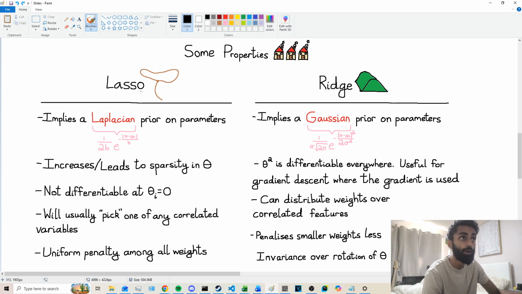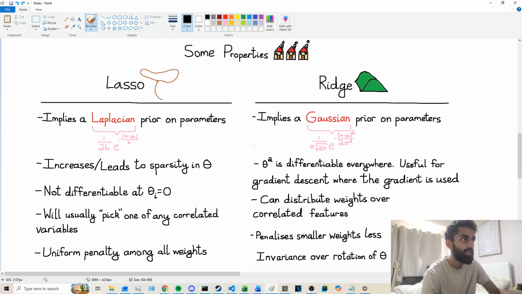And when you optimize for a cost function that uses Lasso, so lambda times the L1 norm of theta, immediately you are assuming a Laplacian distribution, which sounds quite counterintuitive. I'll be proving the maths behind this in the next video, when I look at the more broad result that this is a specific case of.